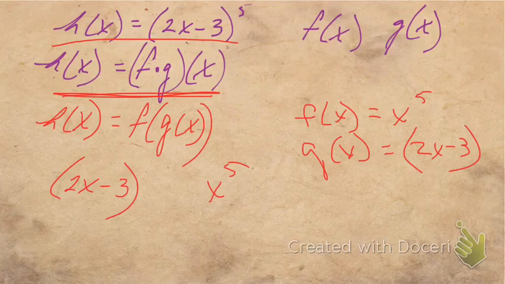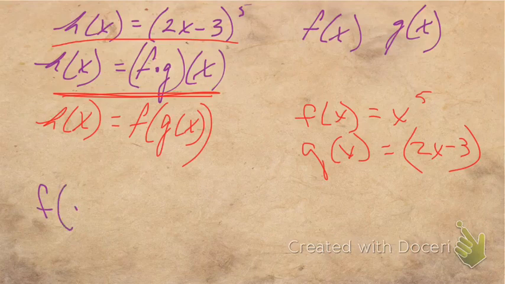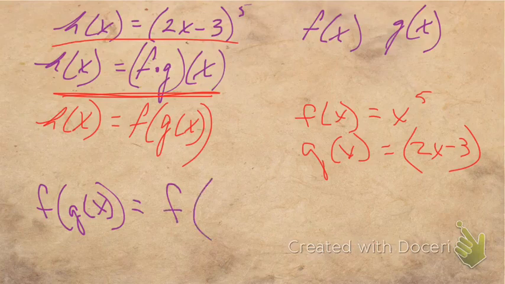All right, so what I did then is f of g of x equals f of, what is g of x? 2x minus 3.